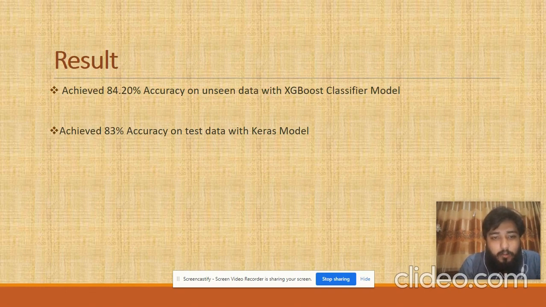For XGBoost, I've achieved around 84.2% accuracy, while my deep learning model only achieved 83% accuracy. The main reason why the result of my model on unseen data was not up to par, I will discuss in the conclusion.